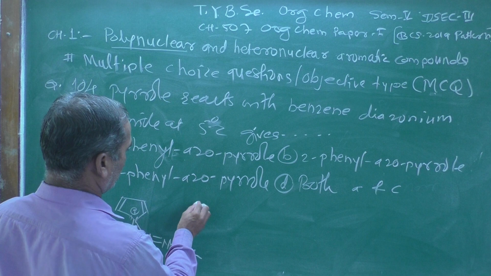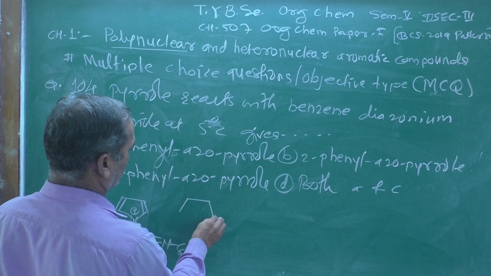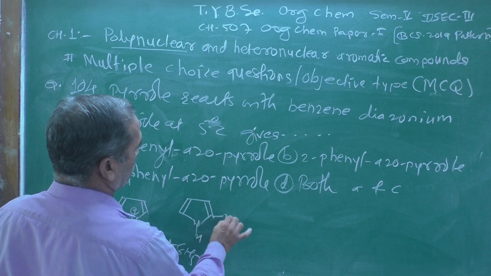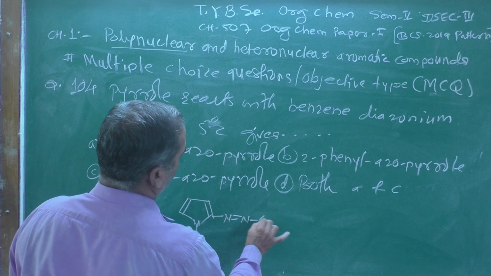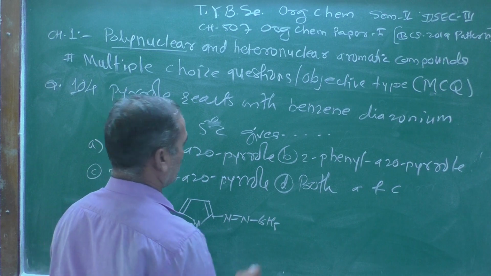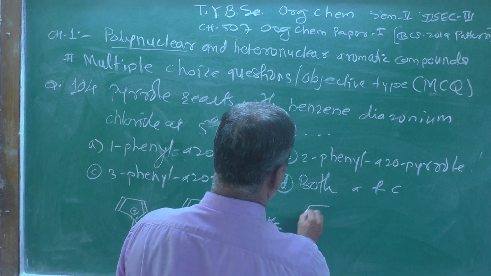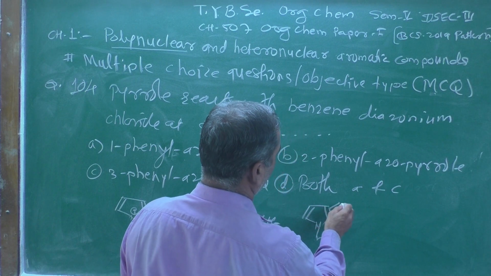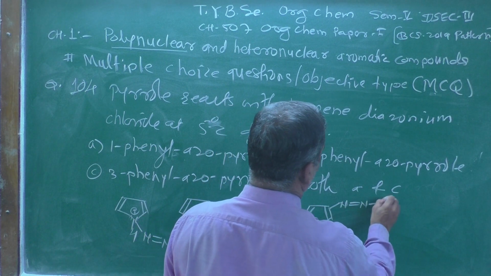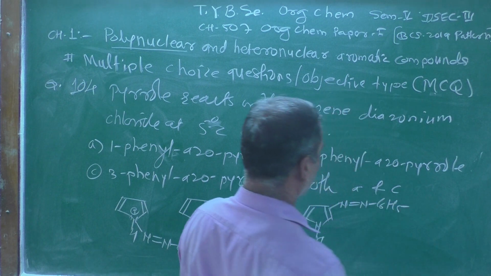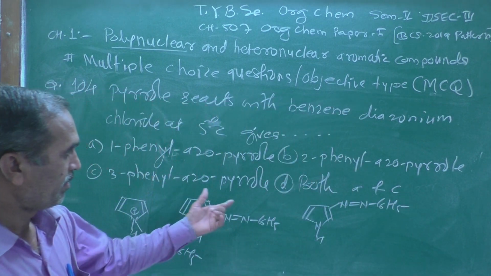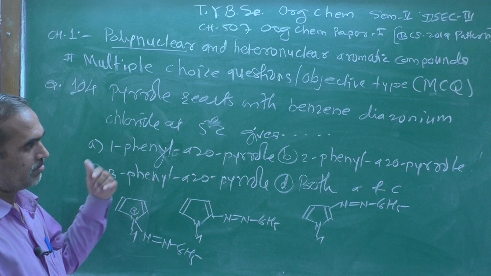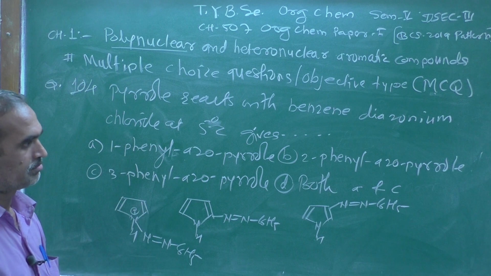The 2-phenylazopyrrole structure is like this, N double bond NC6H5. Then for 3-phenyl, NH at 3 position, N double bond NC6H5. These are the structures which I have represented on the blackboard.